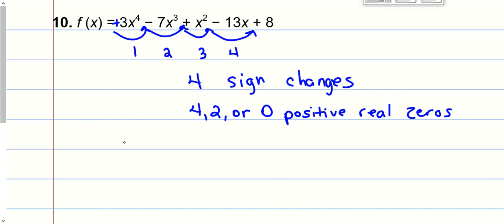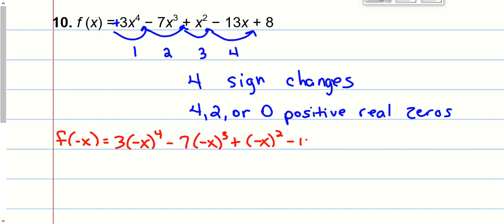Now then, to find the negatives, remember, you're just going to plug in negative x, so we have 3 times negative x to the 4th minus 7 times negative x to the 3rd plus negative x squared minus 13 times negative x plus 8. So we have f of negative x is equal, now negative x to the 4th, 4 is an even, so that is going to come out positive. So we have 3x to the 4th. Negative x to the 3rd will come out as a negative, times a negative is positive 7x to the 3rd.